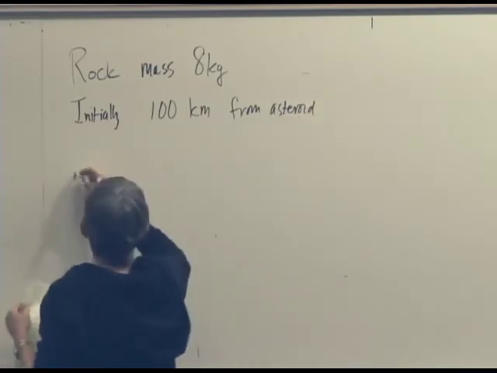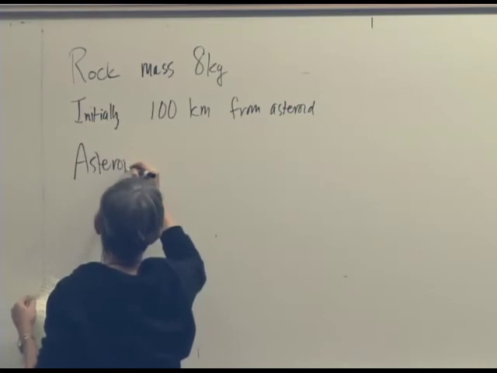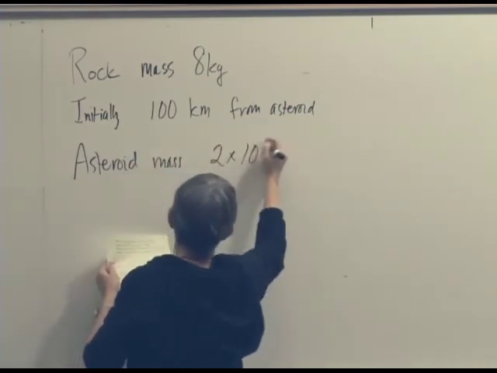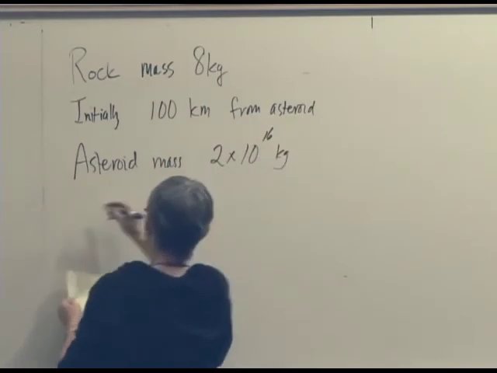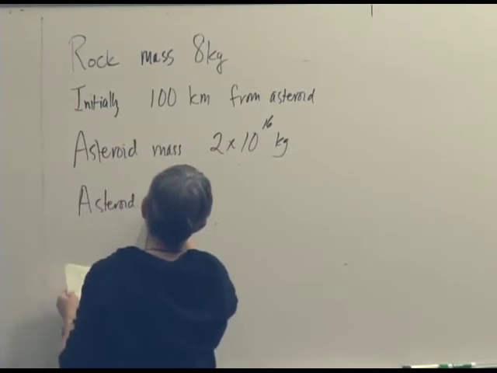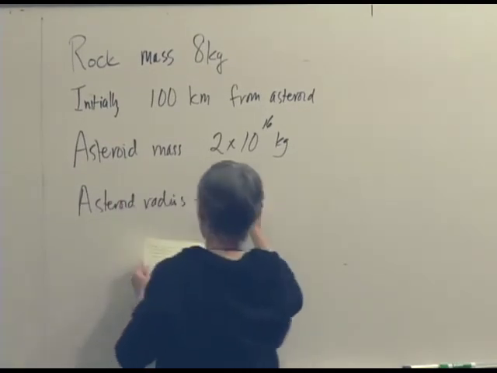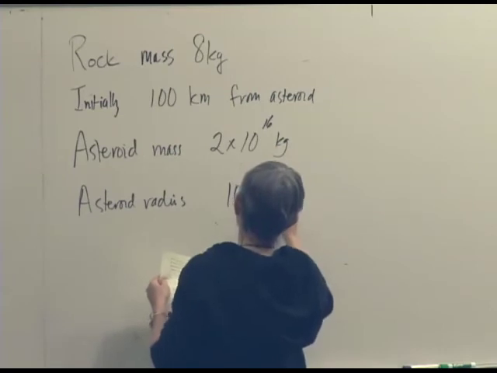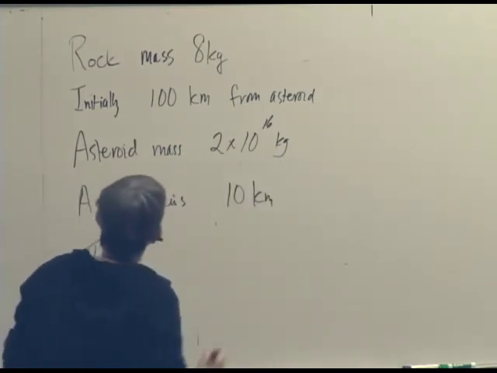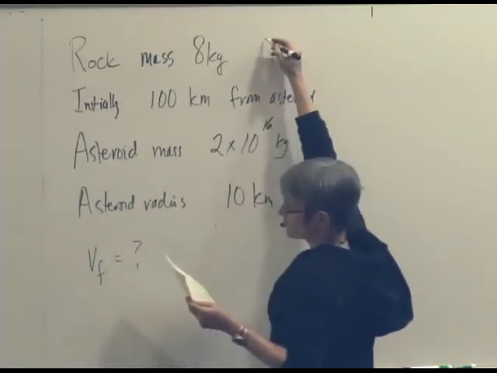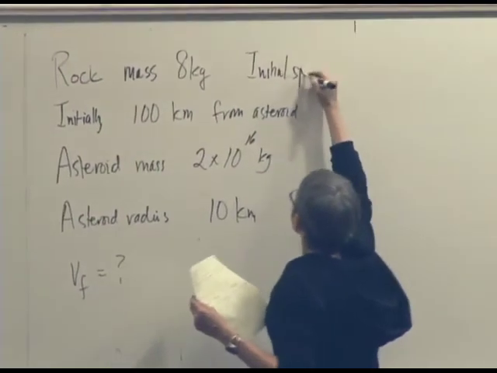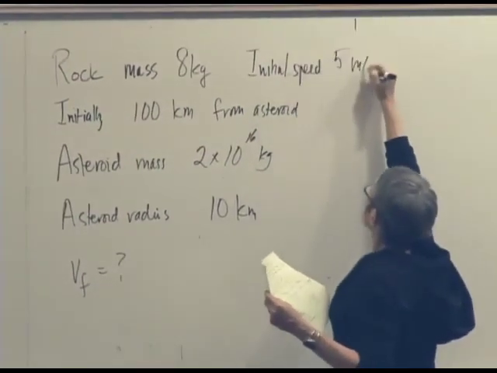The asteroid mass is 2 times 10 to the 16th kilograms, and the asteroid radius is 10 kilometers. The initial speed of the rock, it's not at rest, is 5 meters per second.